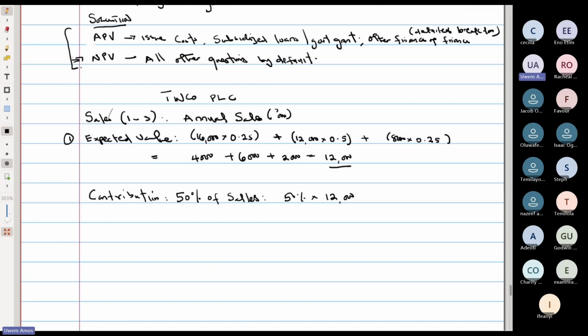It's a million, I took off 3 zeros so that it's easier for me to compute. So 50% of 12 million, but since we took off 3 zeros, that's 12,000, gives us 6,000. So that's our contribution. Okay, so that's our contribution.